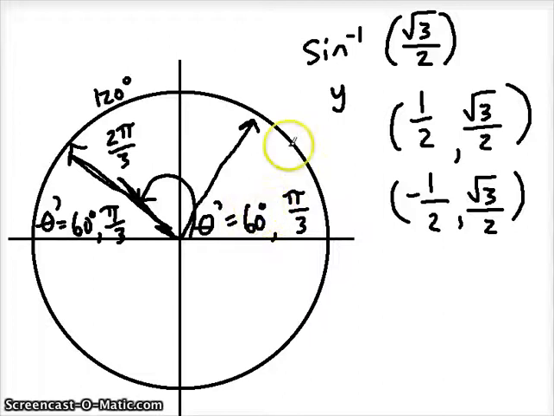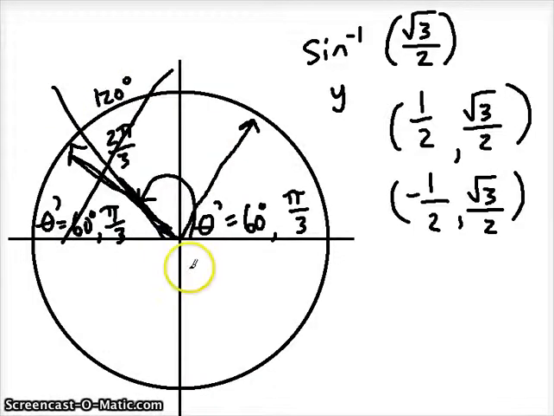But the possible inverse sine values are only in quadrants 1 and 4. So this is not a possibility, and if you try and take the inverse sine of 120 degrees on your calculator, it's not going to work for you. So this is my only option.